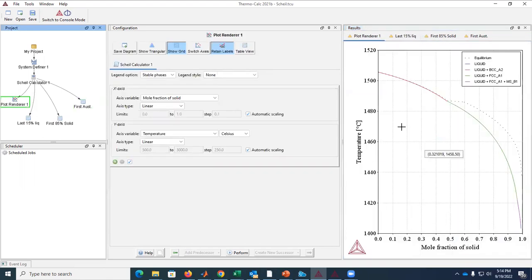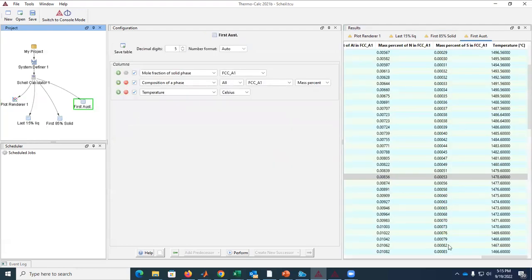If I go to my plot and find 1478, it's going to be around here. If I put a horizontal line, I can check that approximately 15% of gamma has formed at this point. So that's where this point is located.